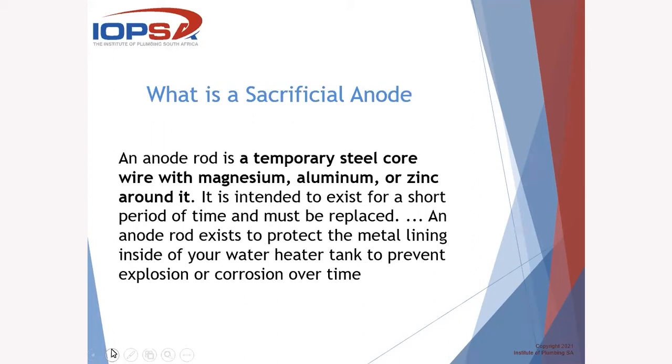And it's this oxidation that corrodes the metal lining of your geyser. So, there's a lot of words in there that, as I say, you're going to lose Mr. and Mrs. Jones very quickly if you try and explain it in a scientific way.